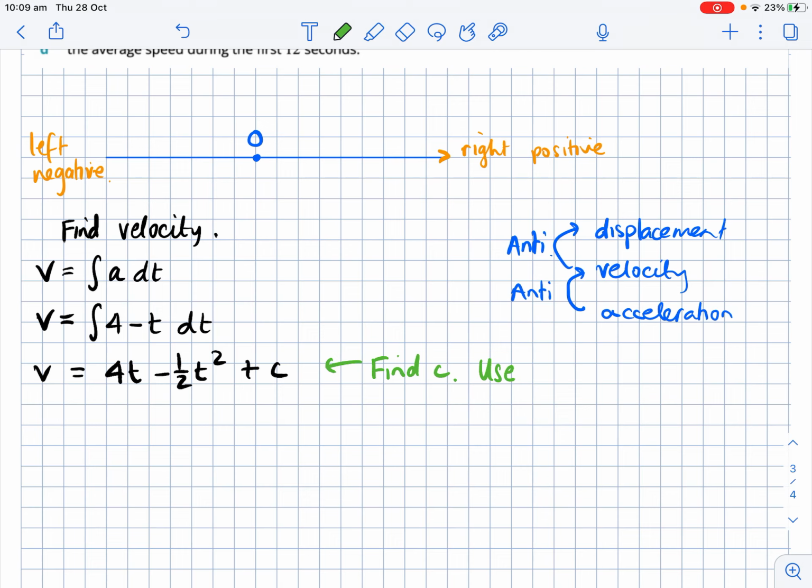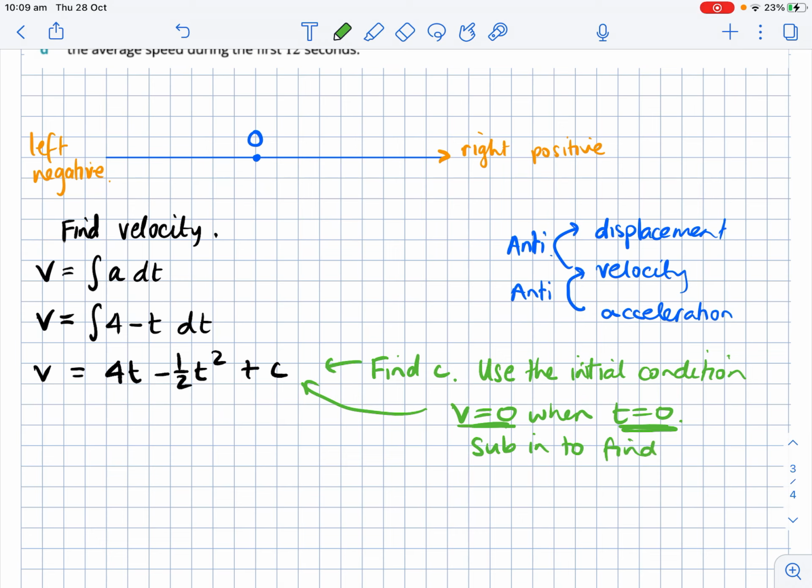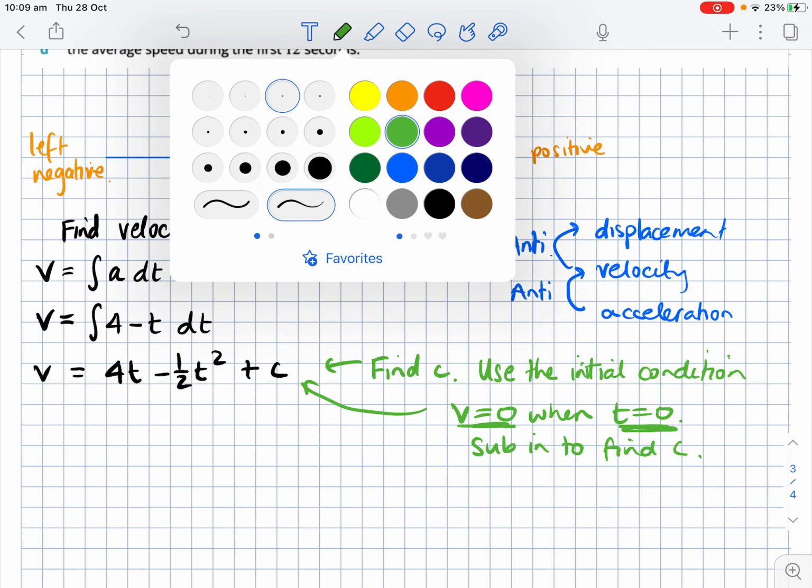So to find c, I use the initial condition. And that initial condition we know about velocity is that the velocity is equal to 0 when the time equals 0. So we're going to substitute v and t equal to 0 into this equation to find out what c is. So sub in to find c.